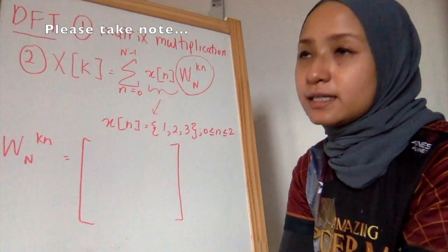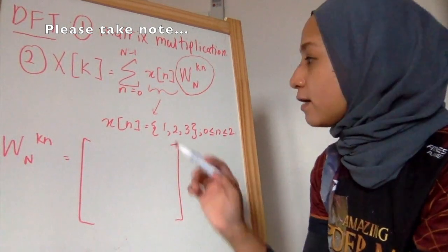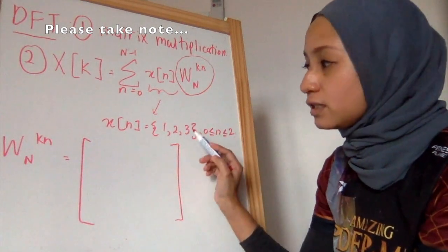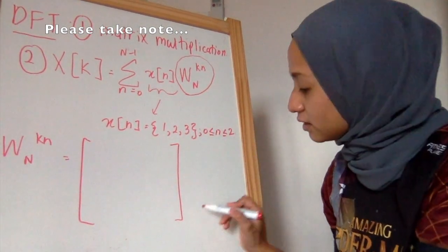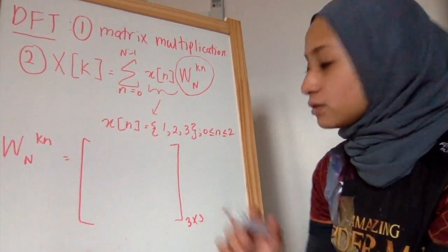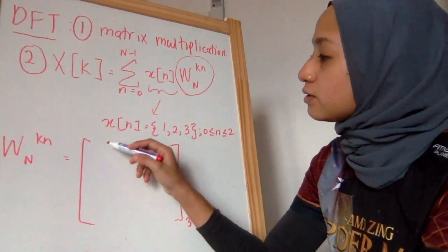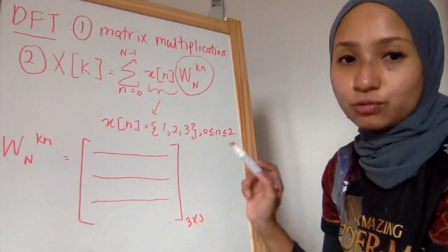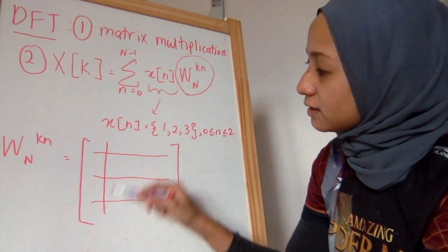Basically, W_N^{kn} is your matrix dimension. Let's say you have, for example, 0 to 2, so you have 3. So the matrix is a 3 by 3 matrix, which means 3 rows and 3 columns.